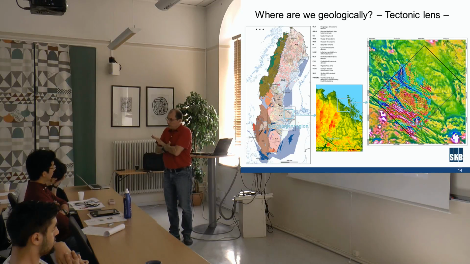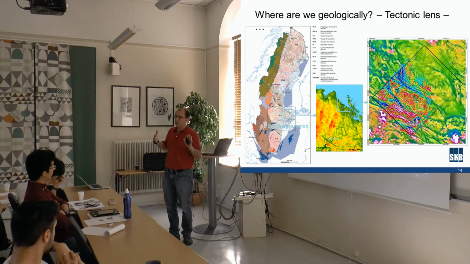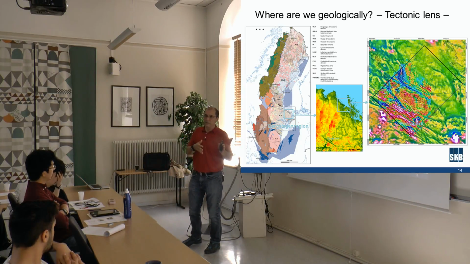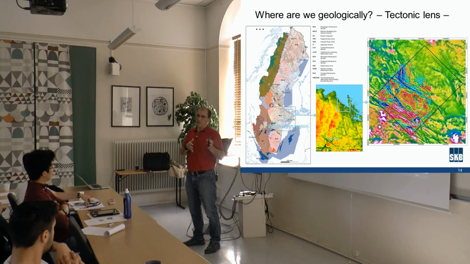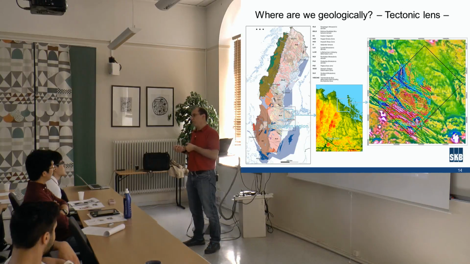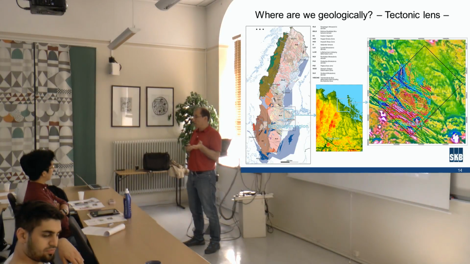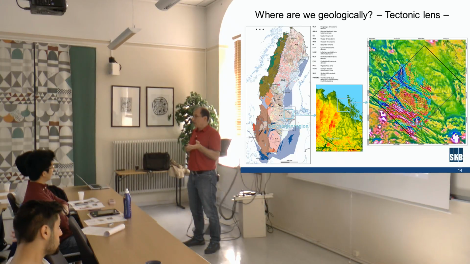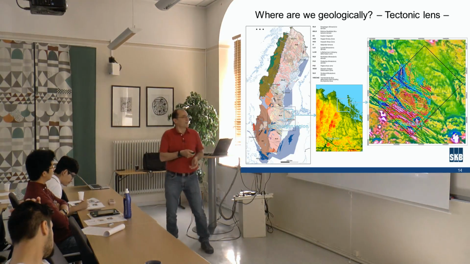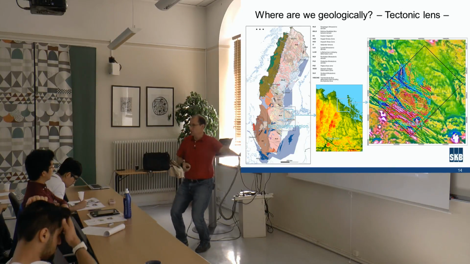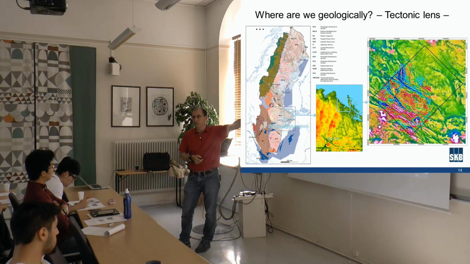If you shear the rock, you open it up, fluids come in, and then the iron of the magnetite oxidizes and turns to a mineral called hematite. And hematite is non-magnetic. So you see, this is an extremely important tool for us to trace the deformation zones without seeing them.